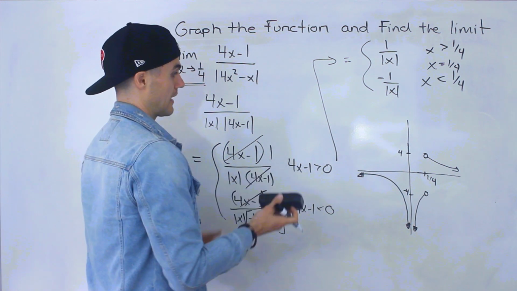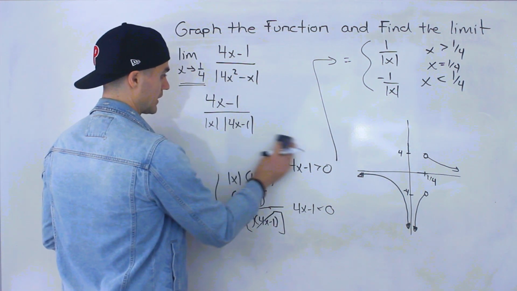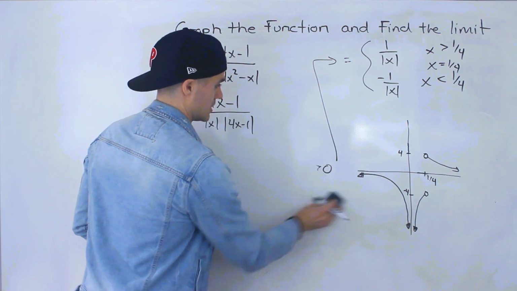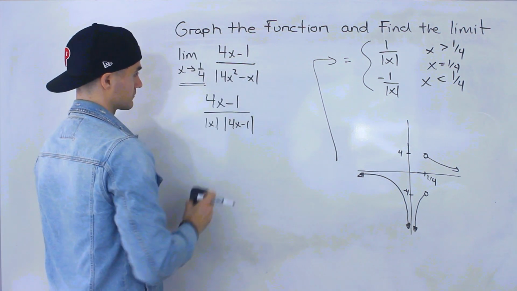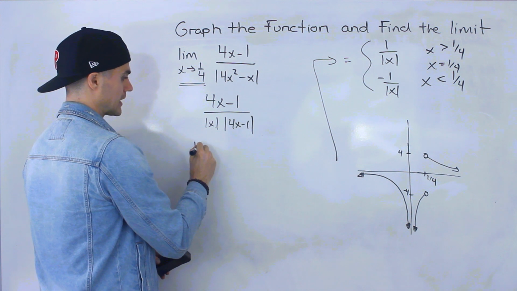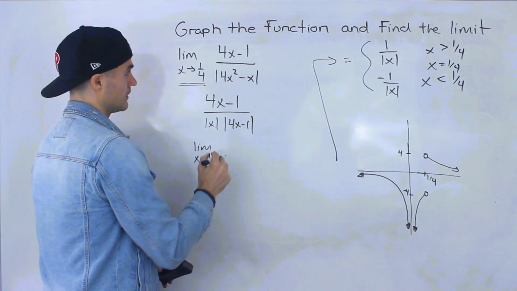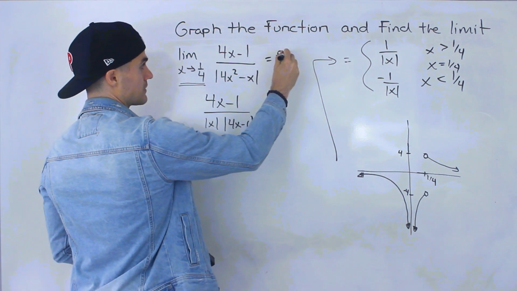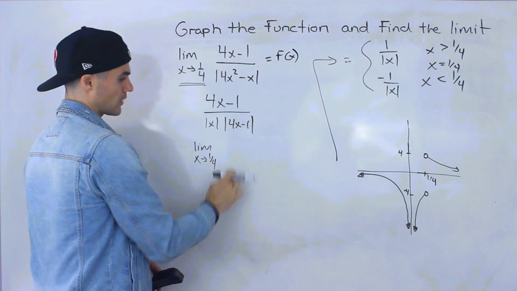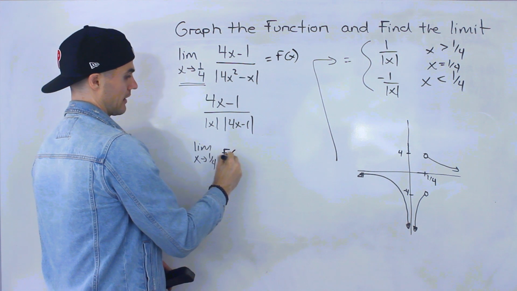So that's the graph, and now that we have the graph, we can actually find this limit. So notice the limit as x approaches 1 over 4, I'm going to let this function equal f of x. So you could write out the function here. I'm just going to write f of x.